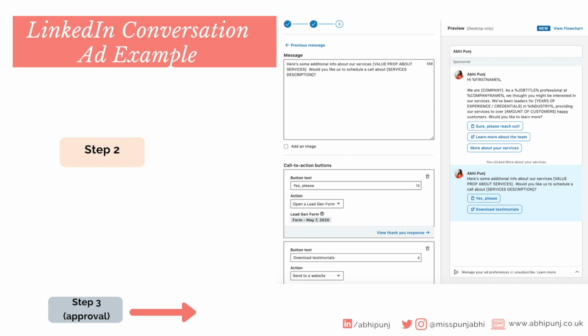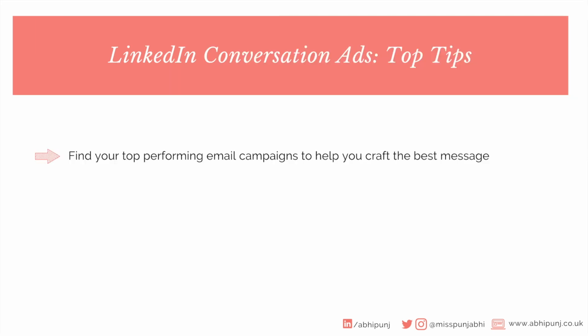Now, in terms of other top tips, so the first thing to do when creating the conversation ads is obviously thinking about who your target audience is and what is the key message that you want to be delivering to that audience. I would definitely recommend doing a bit of a test first to see how it goes, but a good guide in terms of informing your decision about what kind of message you should be starting off with, I would recommend getting hold of your top performing email campaigns and then using that as your basis.